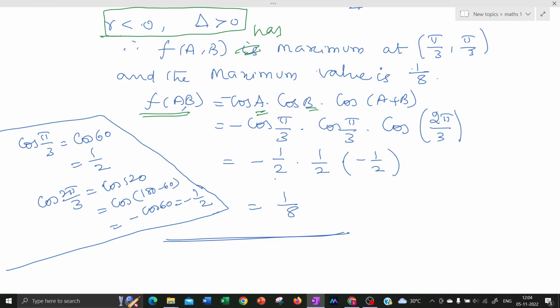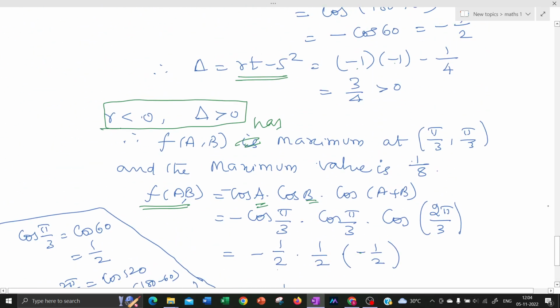Cos pi by 3 value is 1 by 2, once again cos pi by 3 value is 1 by 2, and then cos 2 pi by 3 value is minus 1 by 2. So finally you get 1 by 8. Therefore, the maximum value of f of a comma b at the point pi by 3 comma pi by 3 is 1 by 8. That is the answer.